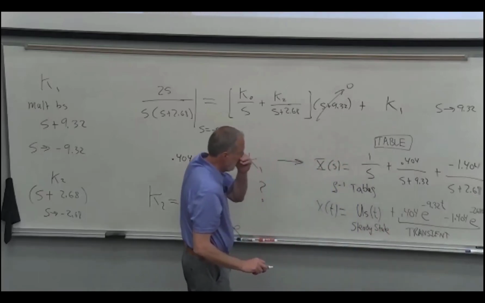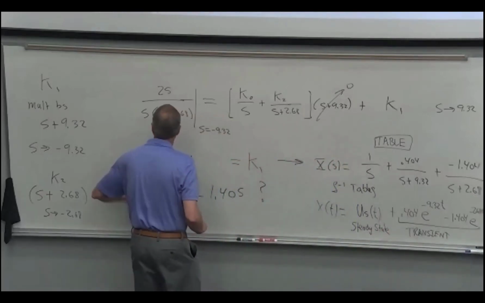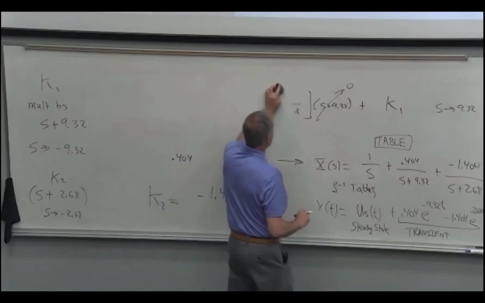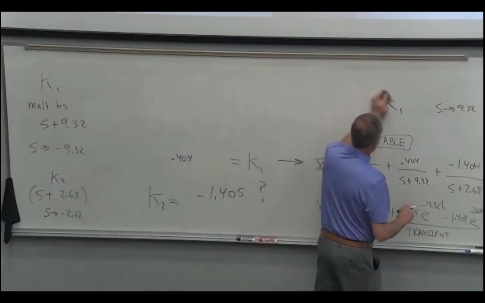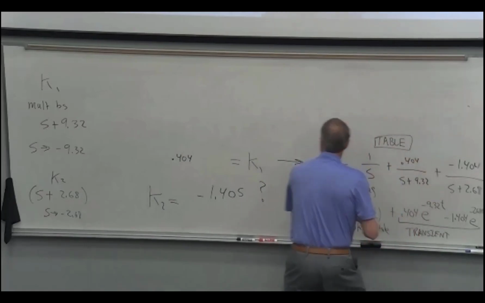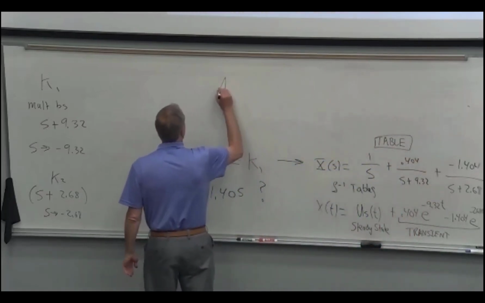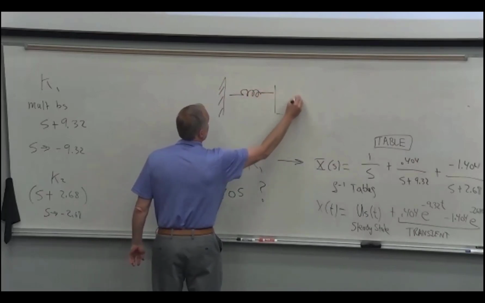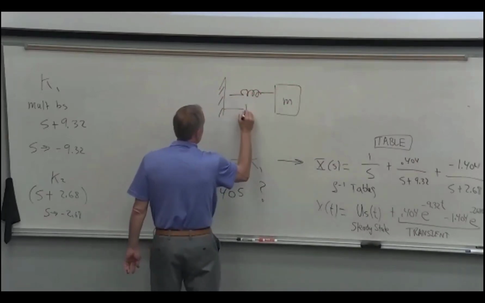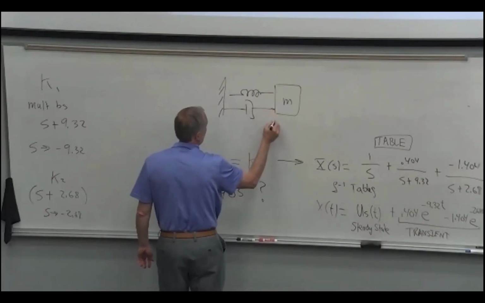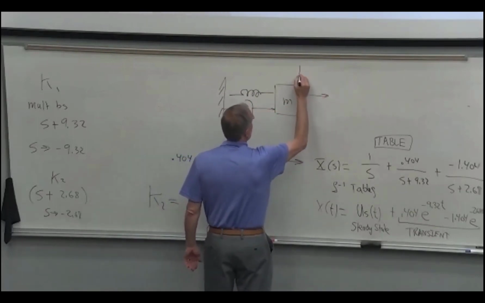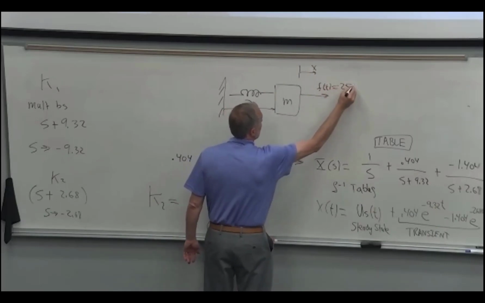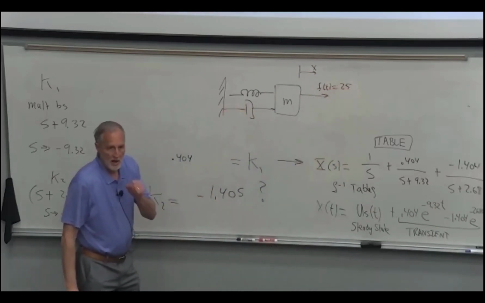And again, let's connect that back to the physical system. The original problem that we did last week, we started on a mass initially unstretched at 0 velocity. And then we turned the force on at time 0 of 25.